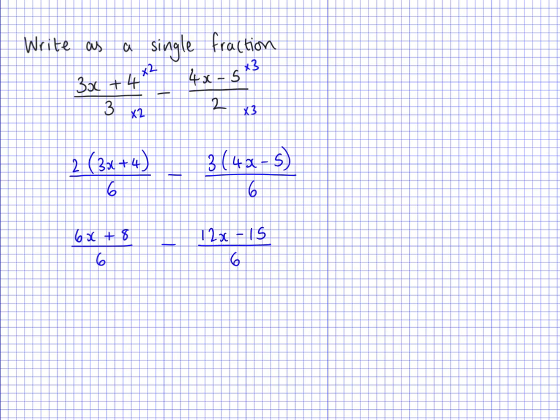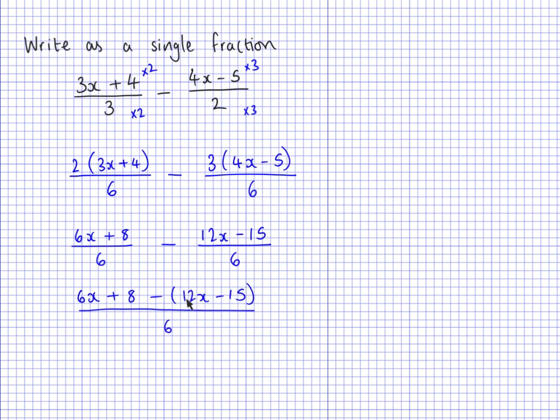Now, remember, now that we've got a common denominator, we can put them together. Now I need to take away all of this top bit here. When I say that, I need to put it in brackets, because otherwise it will change my answer. So if I have 6x plus 8 take away, in brackets, 12x take away 15, all over 6, this will be fine.